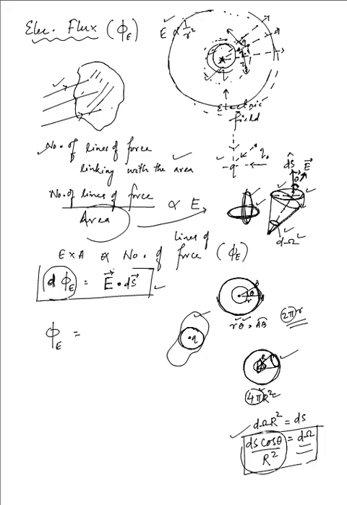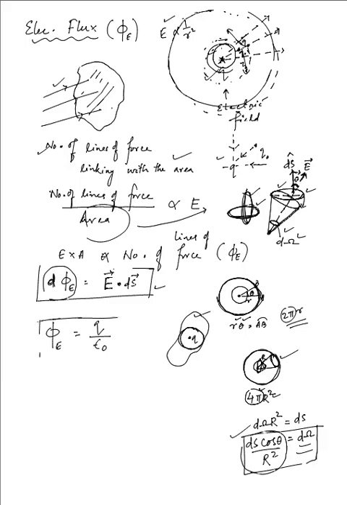So what the Gauss law tells us about the electric flux is that the electric flux is equal to the amount of charge that is contained within that given surface divided by epsilon naught. Now there's one more thing that I would like to suggest. In many of the books, you may come across this derivation.